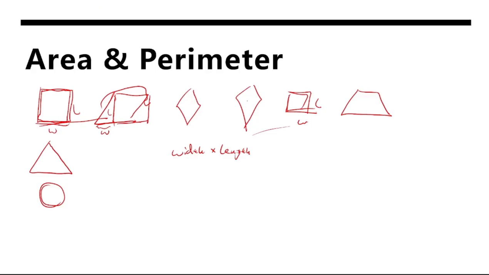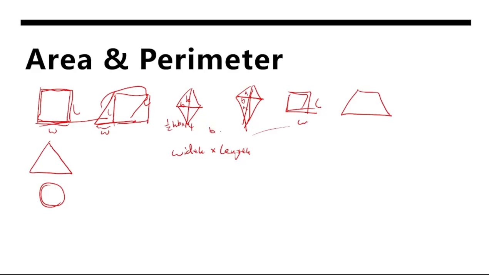And for rhombus and kites, we see them as triangles. And this is the height, and this is the base. So for a rhombus, we just do half times height times base times 4. And for a kite, we have, for example, base, height 1, height 2.